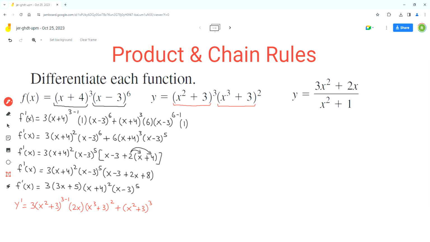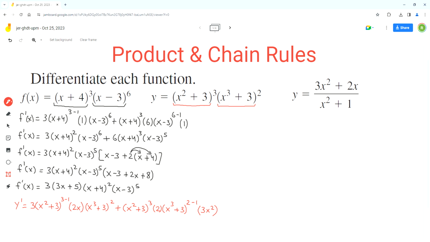So again we'll use the chain rule. So we'll start with the outer function, which is the exponential function. So we'll move the 2 exponent to the front and subtract 1 from the exponent. So 2 minus 1, and then times the derivative of the inner function. So the derivative of x cubed is 3x squared, and for 3 it will be 0, so we can ignore that.